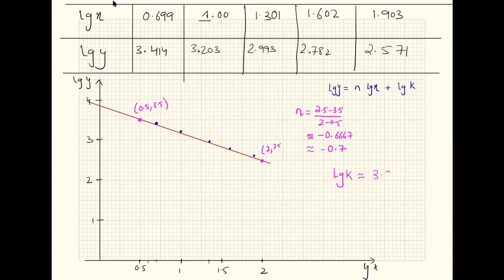So if I want to find the value of k, I'm going to take 10 to the power of 3.9. So what is 10 to the power of 3.9? 7943.23, so 7943. Make sense? This is how you're going to find the values of n and k.